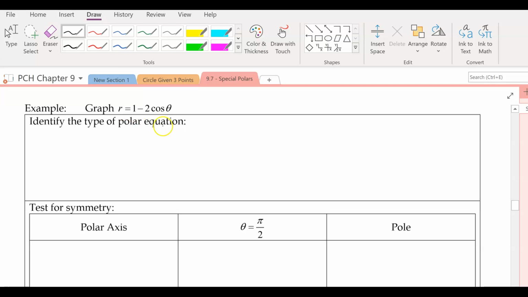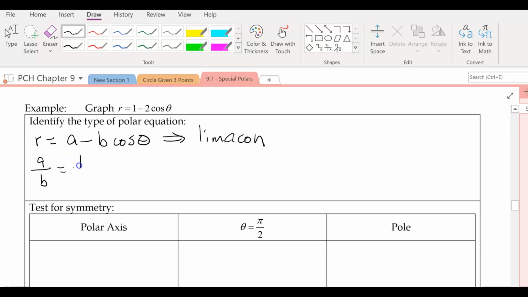First, identify the type of polar equation. This is in the form r equals a minus b cosine theta, which, like I mentioned, is a limaçon. Let's look at the ratio of a to b.